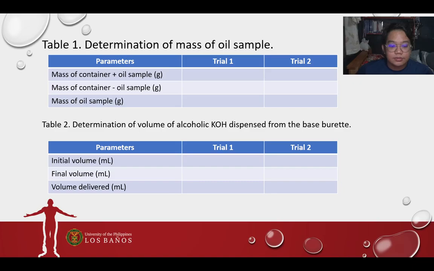Okay? So, for the tables of our pre-lab report, this should be the inclusion of your tables. Okay? So, number 1, you should have the mass of oil by means of weighing by difference. We have 2 trials for this. And then, for the determination of volume of alcoholic KOH dispensed from the base burette, you should have that.